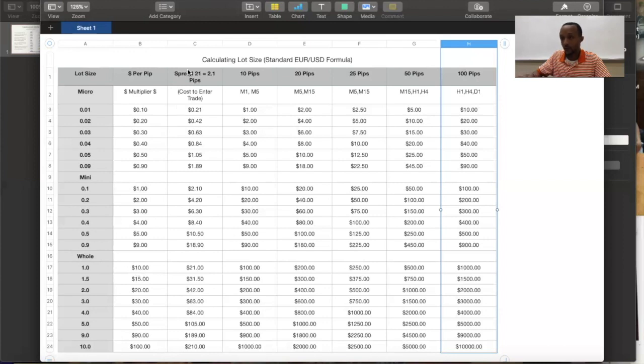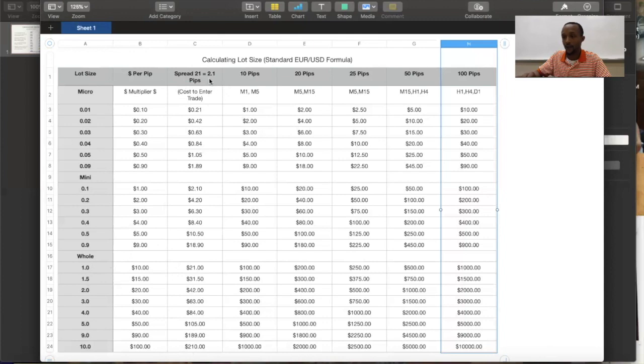Right here in this third column, you can see where the spread is multiplied by the pip value. So this column right here is going to show you how much it costs just to enter a trade with the corresponding lot size if the spread were 2.1, for example.